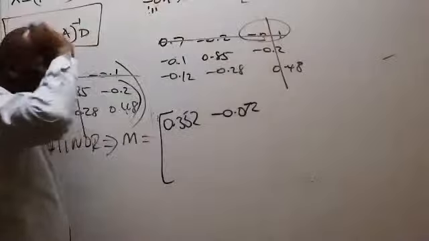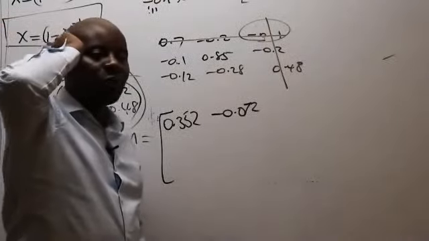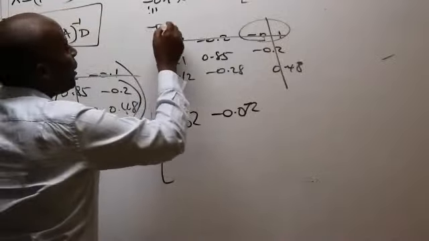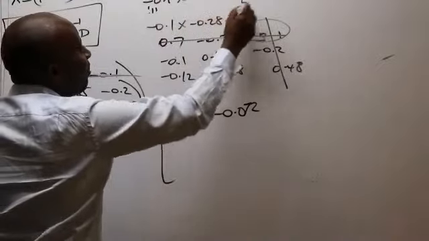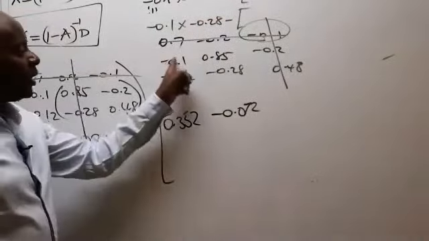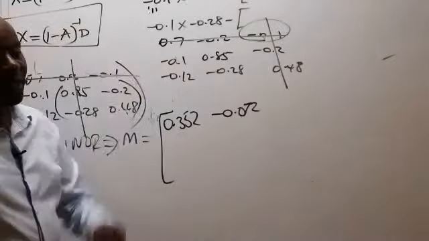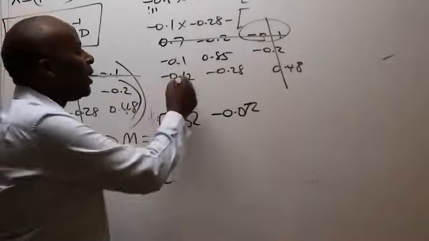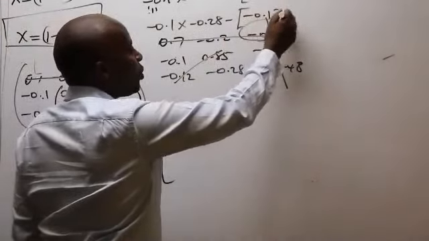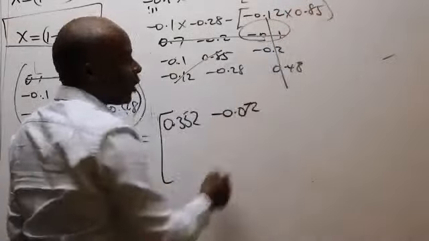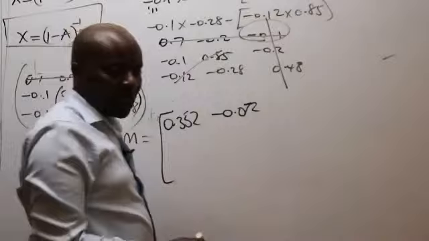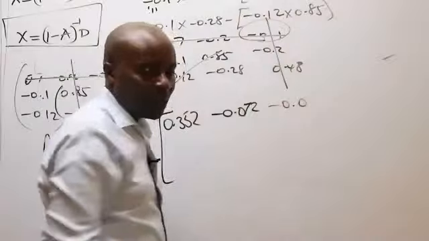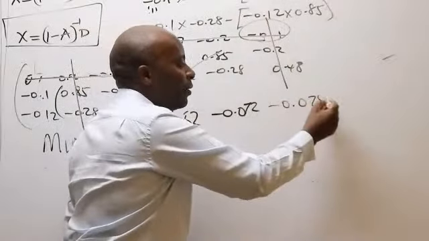Minus, please, if you forget the brackets of the secondary, you'll always be wrong. So minus, open brackets, our secondary, which is minus 0.12 times 0.85. Could you kindly confirm that this will give us, according to what Quadra has given us, negative 0.074? Please confirm.